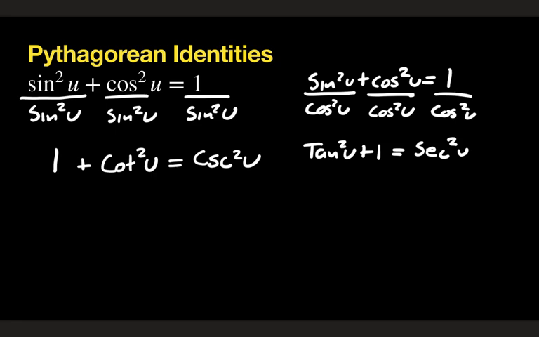So these are two identities that you need to know for sure, but you also are able to manipulate the sine and cosine by leaving one of them by itself.